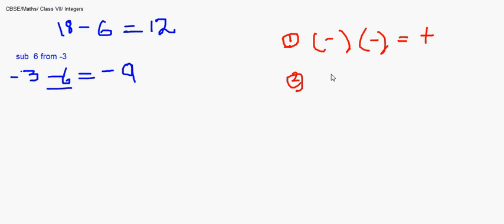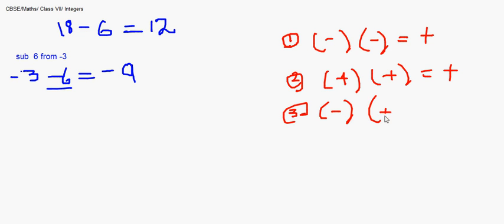When you have two positive, there is no question of a negative, so the function automatically becomes a positive. Again, if you have one negative and one positive, the function will be negative. After doing this function, you see which symbol the greater number carries. Whatever the greater number carries, your answer will also carry the same symbol.